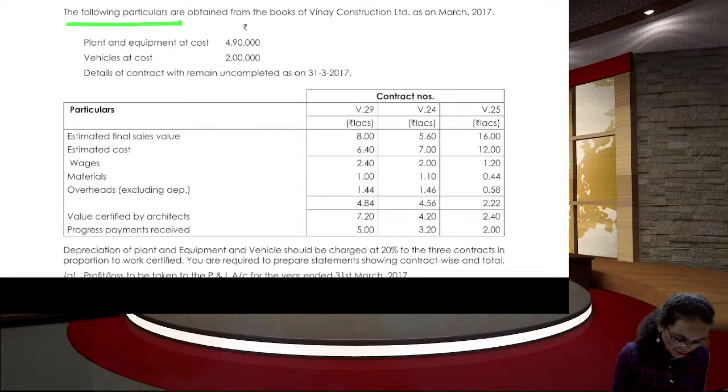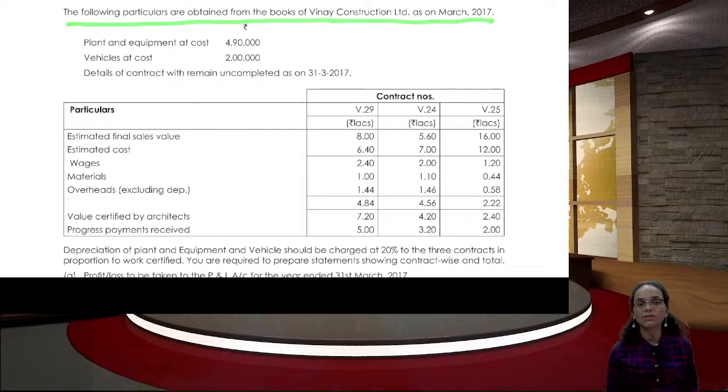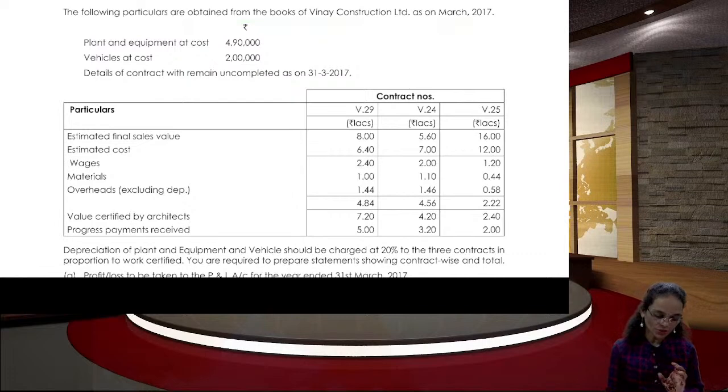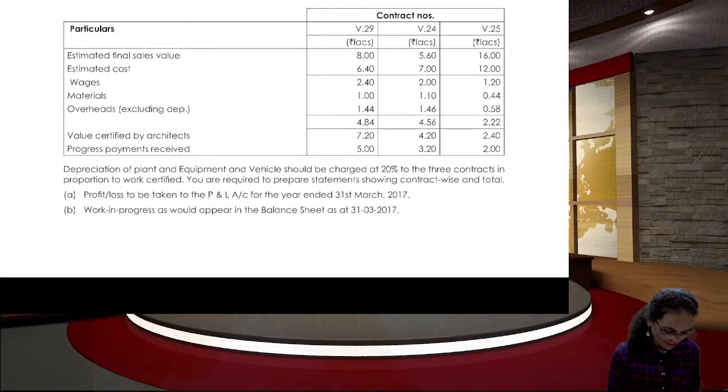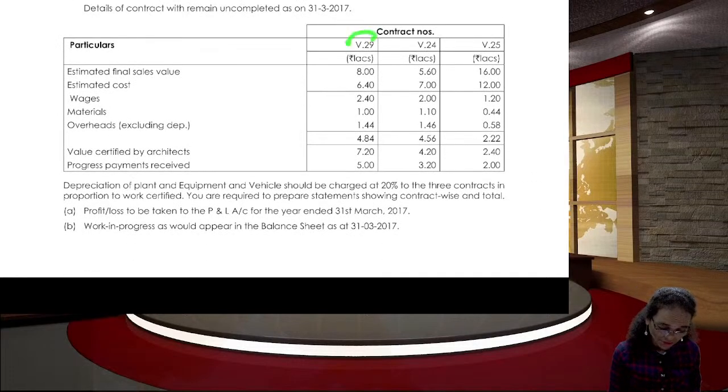The following particulars are obtained from the books of Vinay Construction Private Limited as on March 2017. Plant and equipment at cost is this much. Vehicle at cost is this much. Details of contracts which remain uncompleted: there are 3 kinds of contracts.